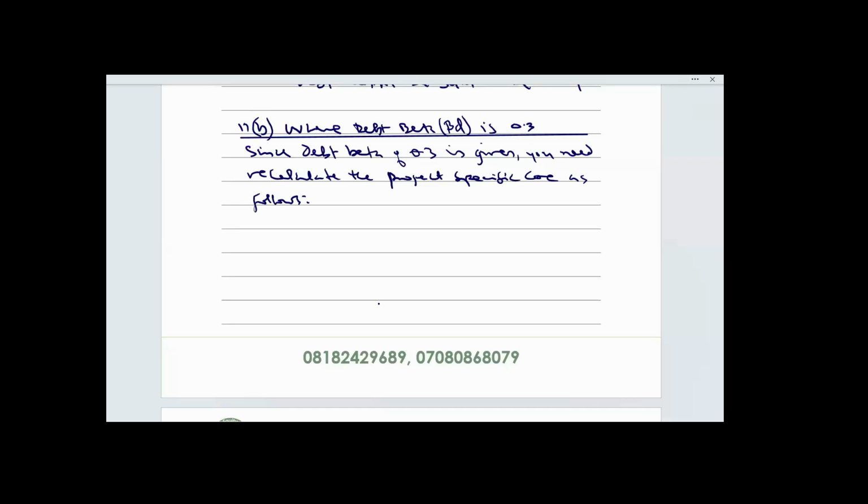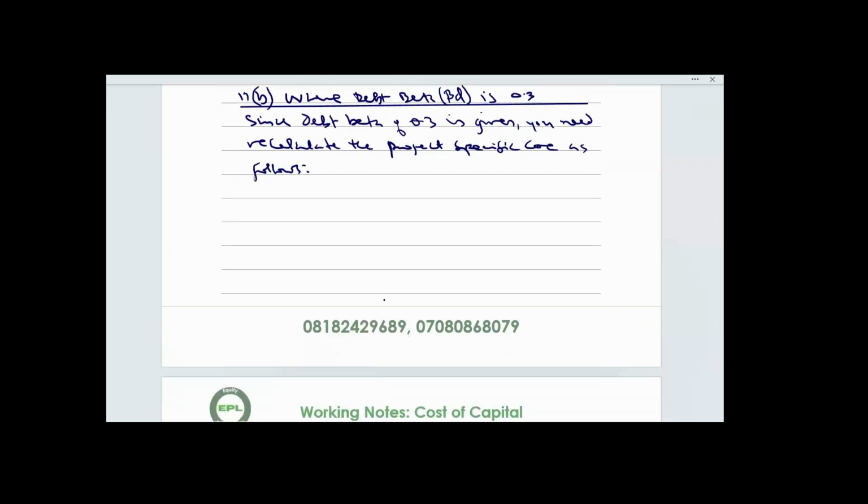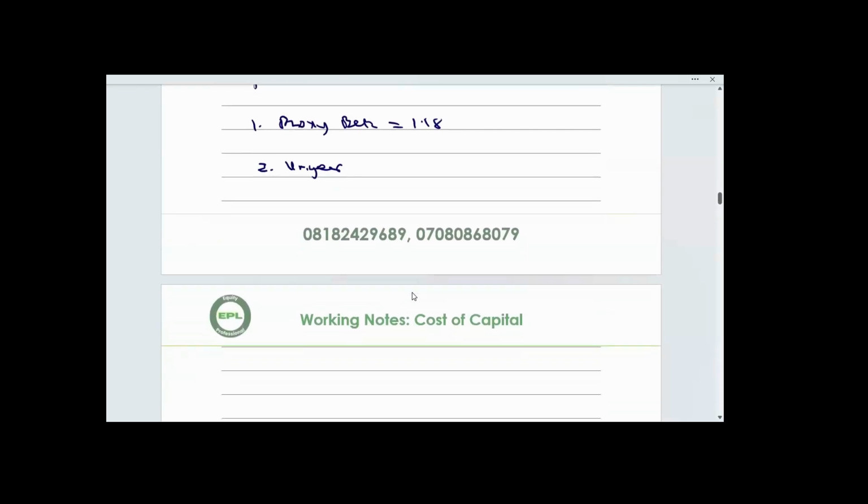Proxy beta equal to 1.18. Step 2 says you should ungear. In this case, how do you ungear it? Because we have been given the debt beta to be 0.3, we are going to use the extended formula.